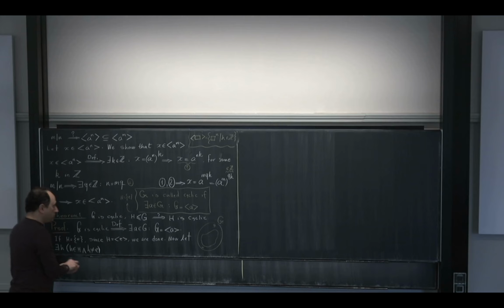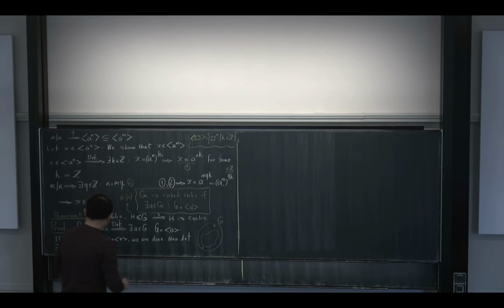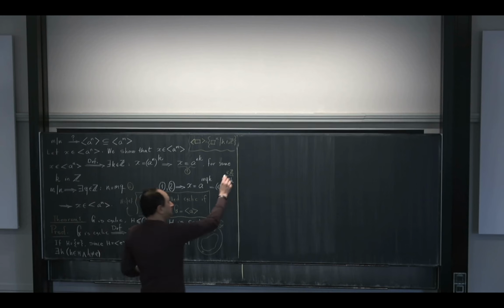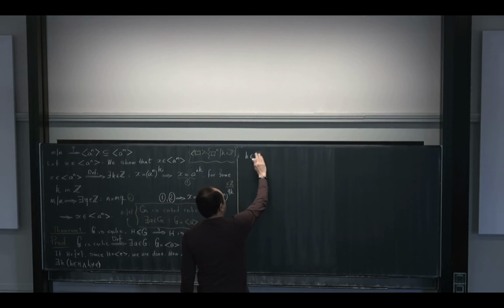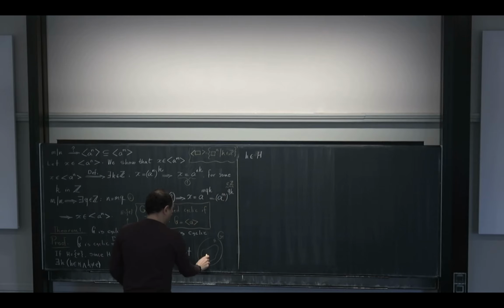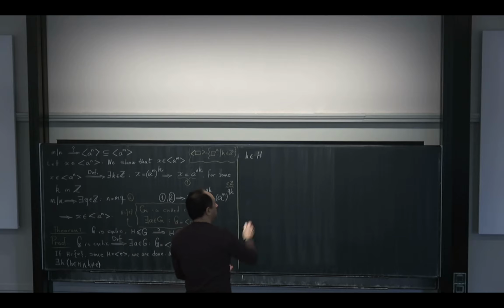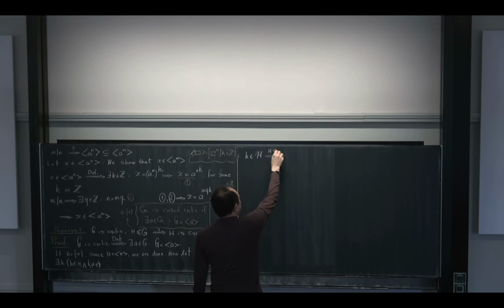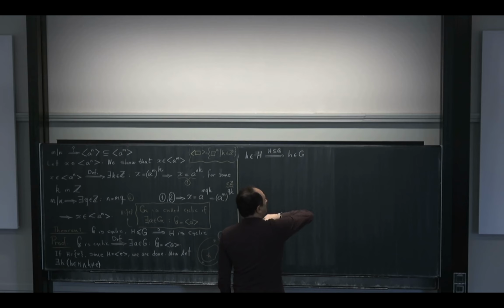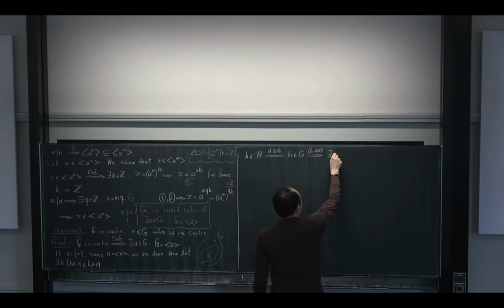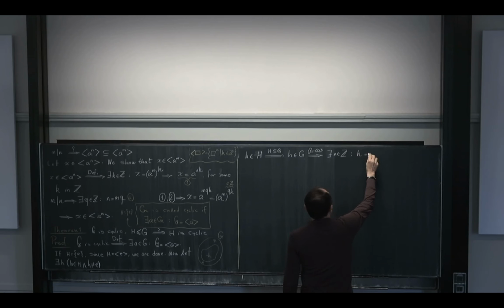But when I say h belongs to H, so you see here, h belongs to H, and h is not equal to e. So if h belongs to H, it's automatically in G, because H is a subset of G, or subgroup, it doesn't matter, h belongs to G. And if h belongs to G, because G is this, I can write there exists an n in Z such that h is equal to a to power n.